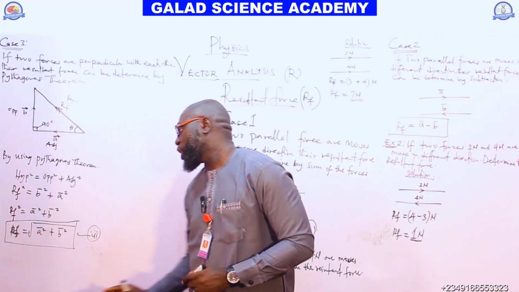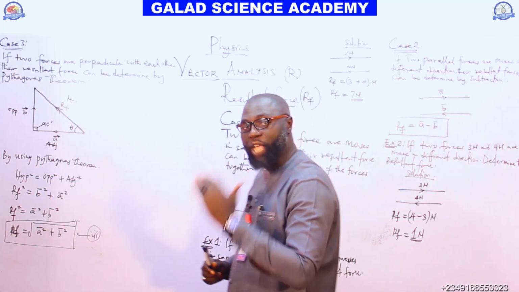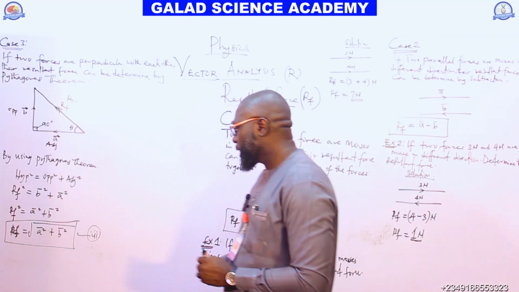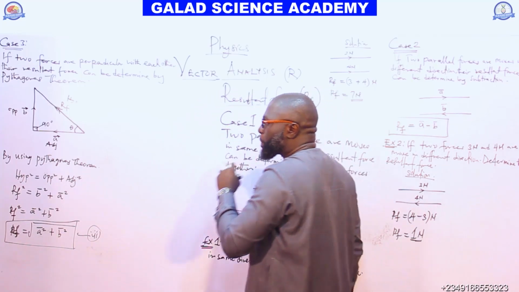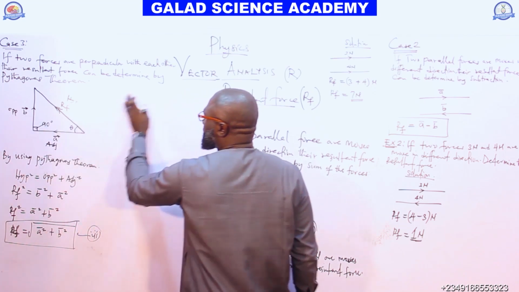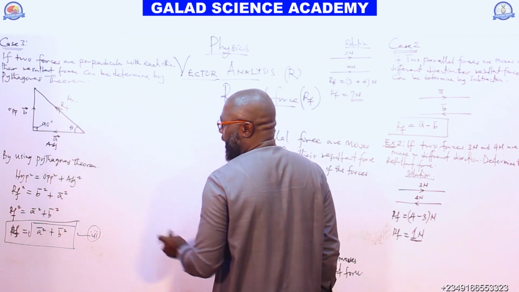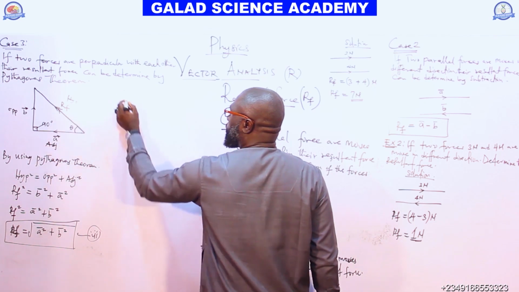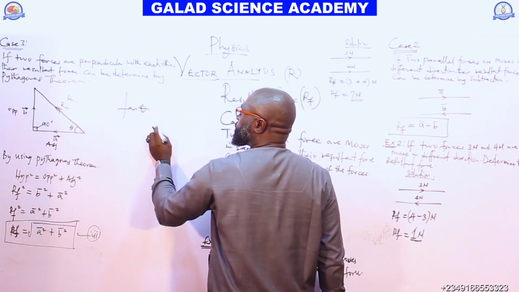The resultant force, if two forces are perpendicular with each other. The next thing is you may have to find the direction. To know the direction, we will use tan.